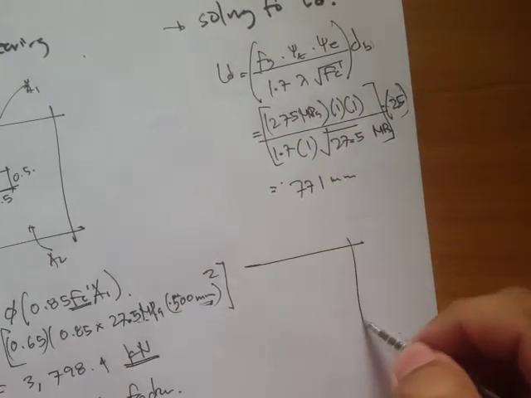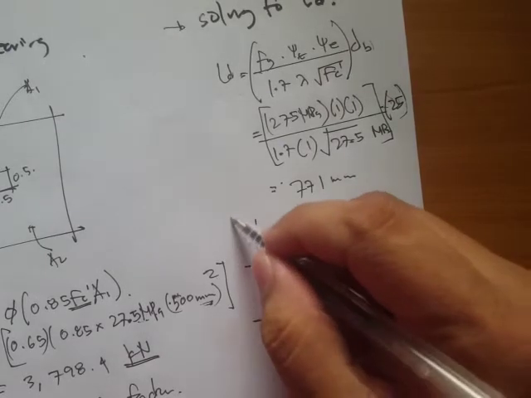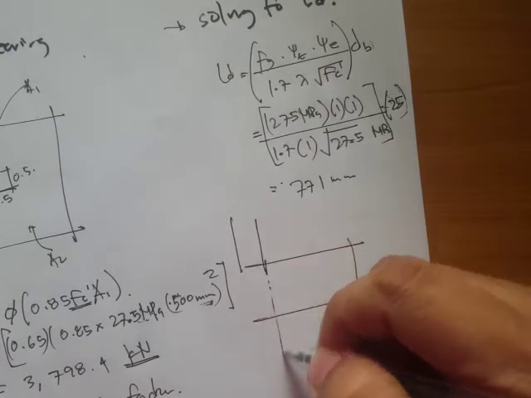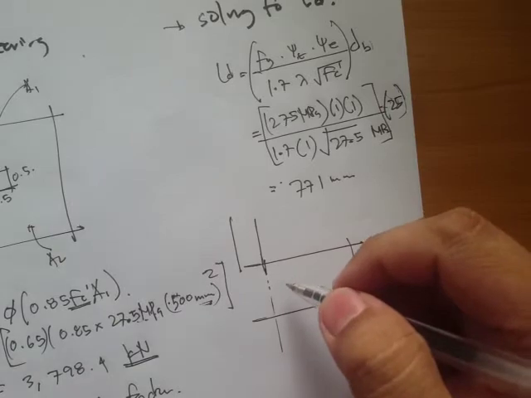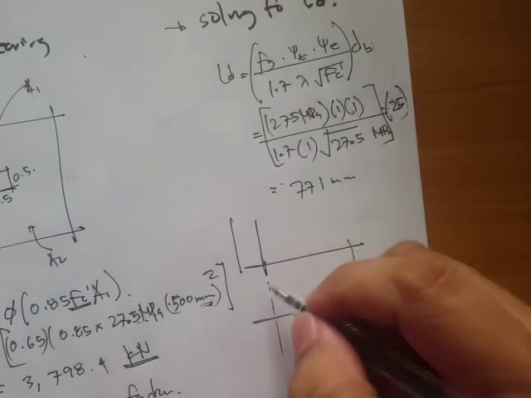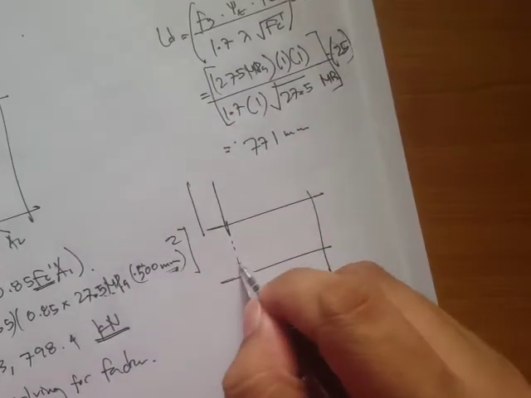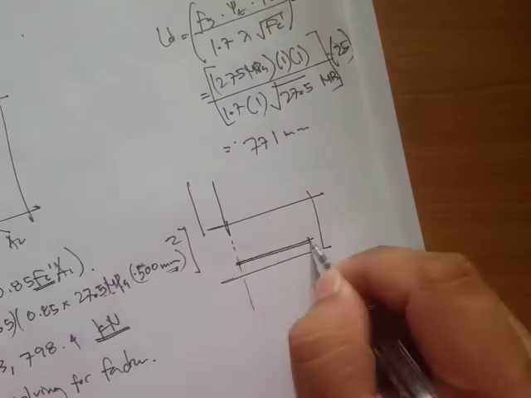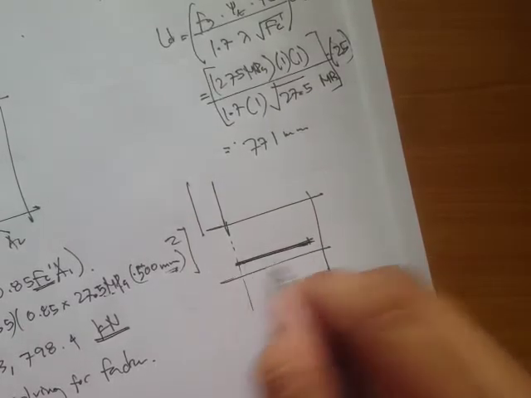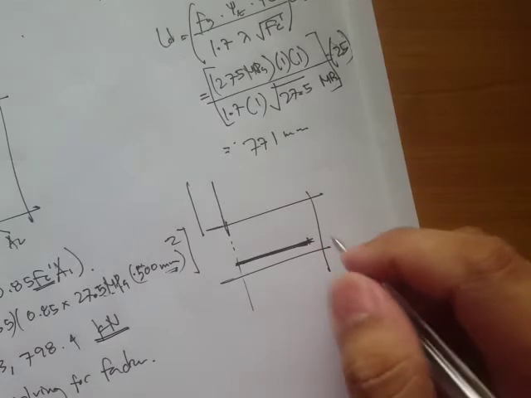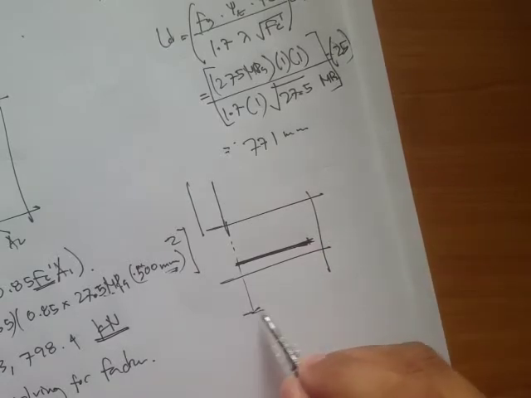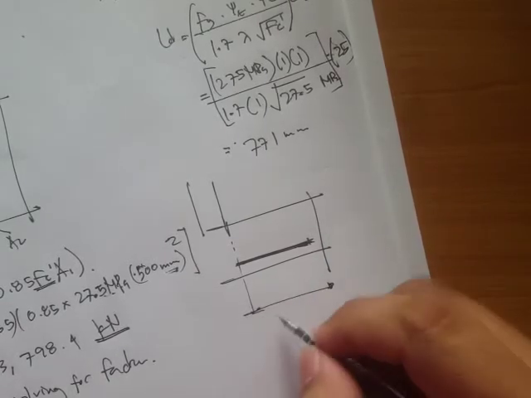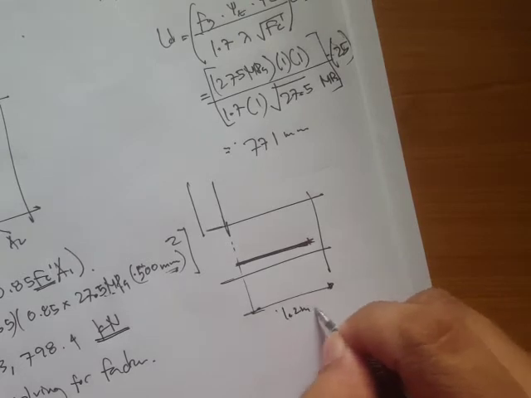Now, if we draw this, let's say this is our critical section for flexure, and if we have this steel reinforcement, then what is this length? Now recall, this is 1.2 meters.